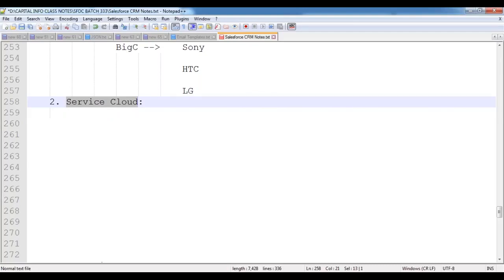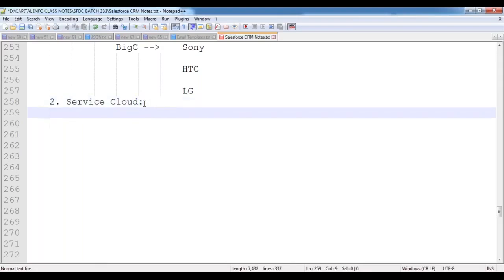Now, whenever we are giving the services, we also have to follow certain processes. To automate all the processes which we are following while giving services to the customers, we are using the Service Cloud features.